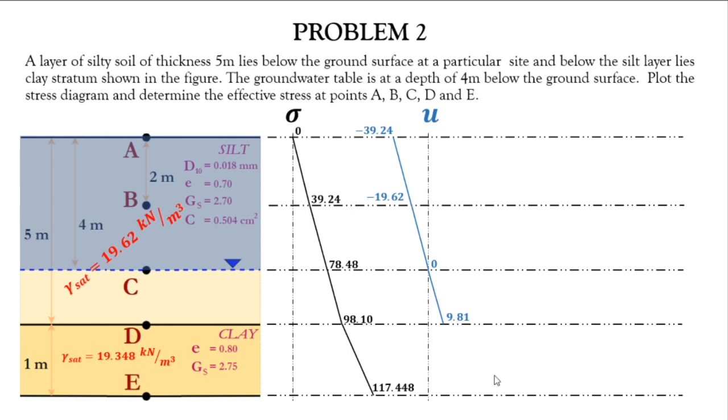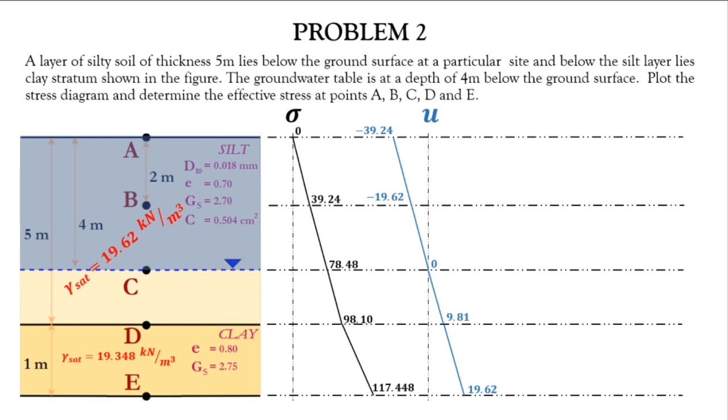And for point E, so ganun din, kunin mo yung product ng 9.81, the unit weight of water, tapos yung 2, yan yung distance from that point, papunta sa groundwater table, that is positive 2 na tayo, positive na yan kasi wala na tayo sa capillary zone, and that is, the value is 19.62, at itong line na to ay same slope, dahil pare-parehas namang water yan, wala namang nagbagong property dito sa system natin regarding sa water.